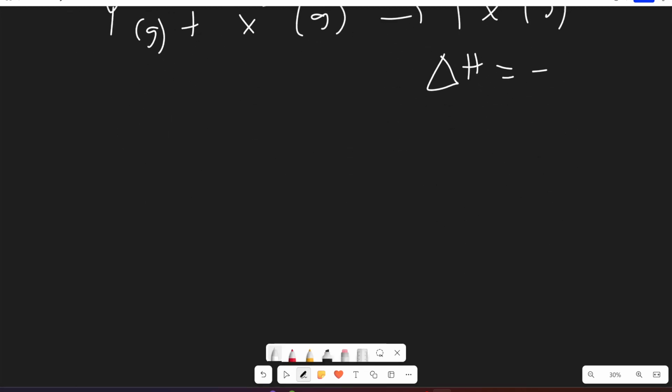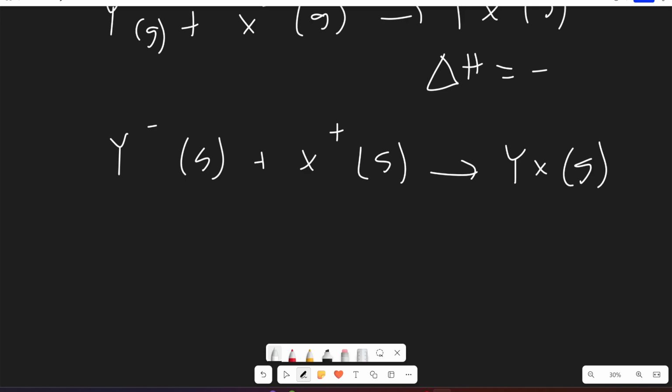Let's say I do the same thing, but now in reverse: YX solid goes to Y plus and X minus in the gas state. If you think about it, say I have an ice cube, and I want to melt it into a puddle, and then add even more heat to make those water molecules turn into steam.